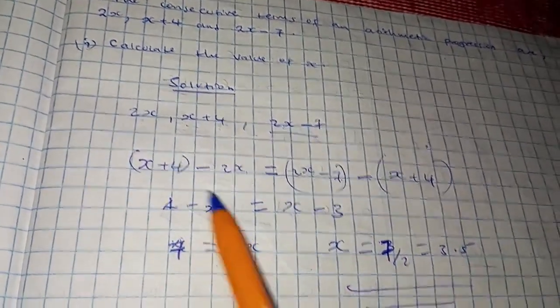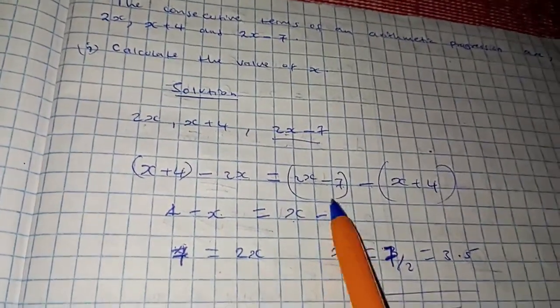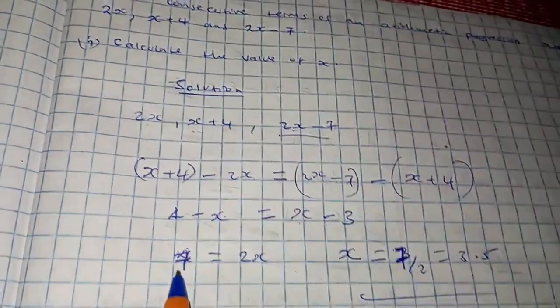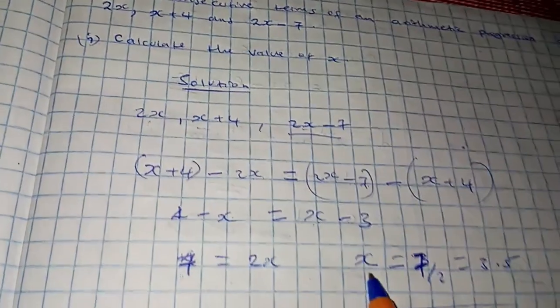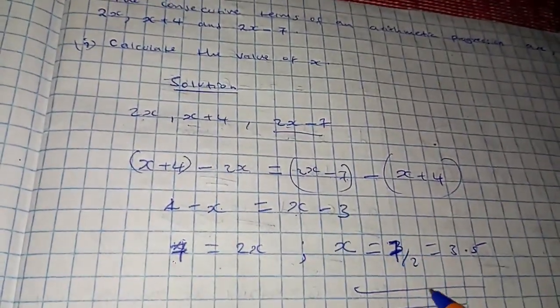Then like terms together, minus x crosses this sign, you have x plus x, 2x, then minus 3 crosses this sign, you have 7. So 7 equals to 2x, which can be written as x equals to 7 over 2, or 3.5.